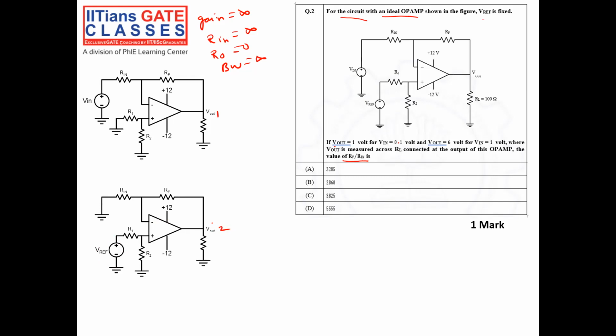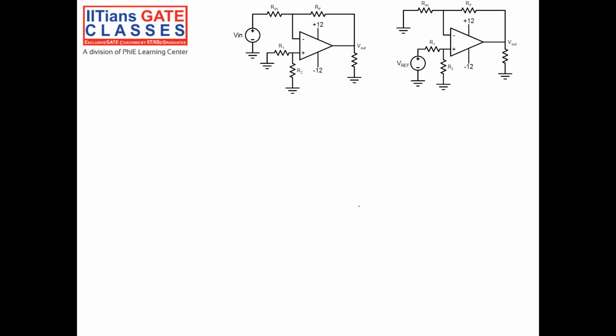Now my V out will be equal to V out 1 plus V out 2. Clear? So let's calculate one by one.